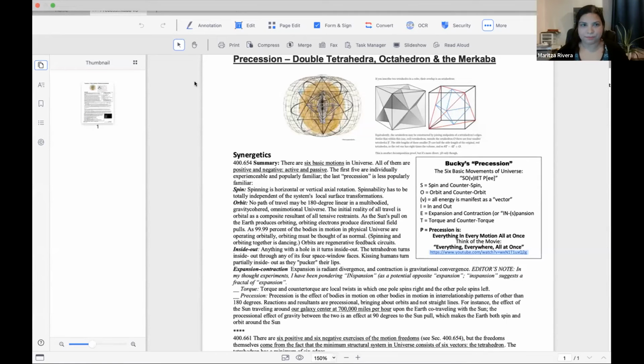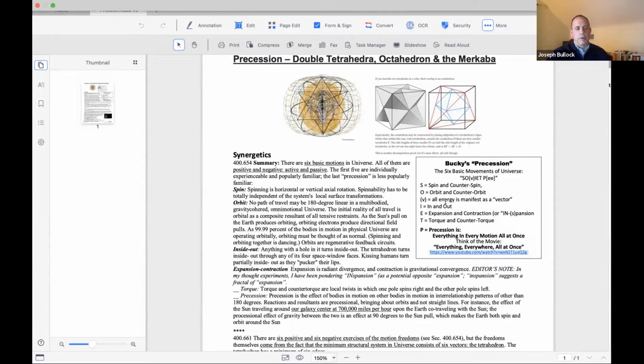There you go. So basically, this is just outlined from Synergetics. The part that I really want to focus on is this idea of Bucky's precession right here, where there's 6 movements, specifically 6 basic movements. There's spin and counterspin, orbit and counter orbit.